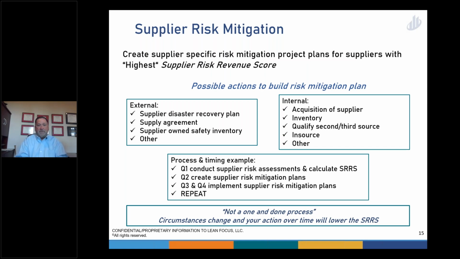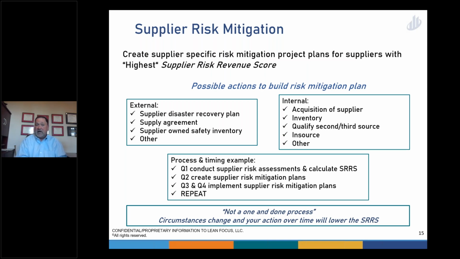There are many possible actions to build risk mitigation plans. There are external mitigation plans, which include making sure your supplier actually has a disaster recovery plan. If they don't, then you may want to help them create one, whether for a natural disaster, geopolitical event, or something along those lines.